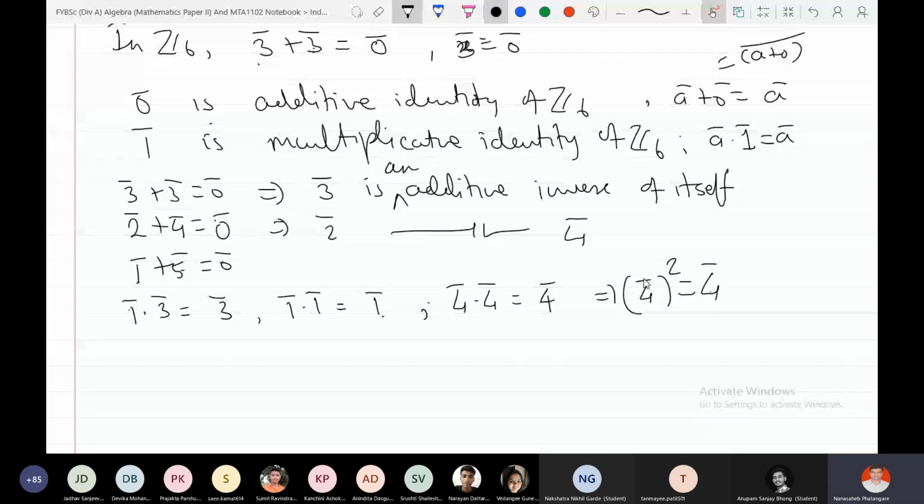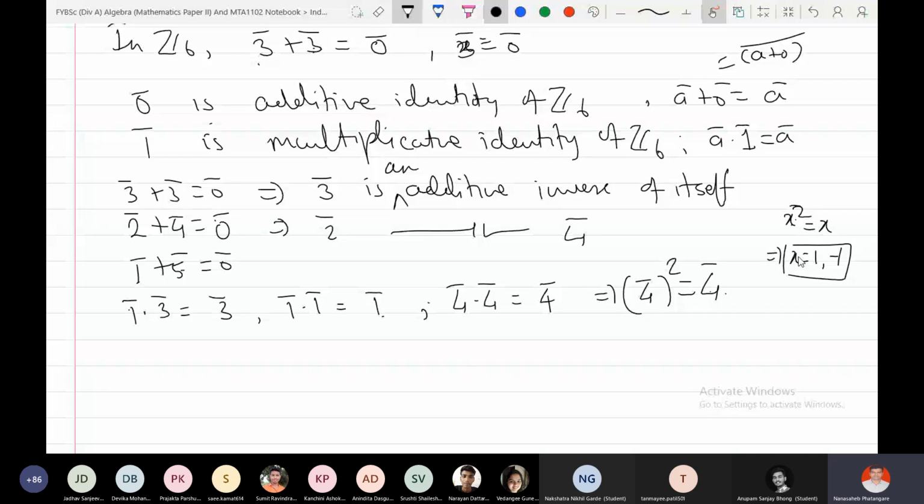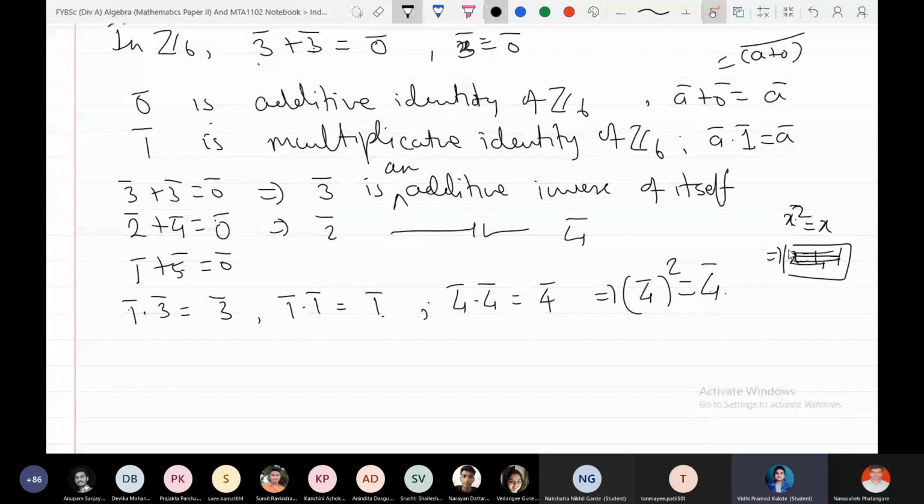But when this happens in general in real numbers, when we say in real numbers x square is equal to x, it happens when x is equal to 1 or x is equal to 0, right?